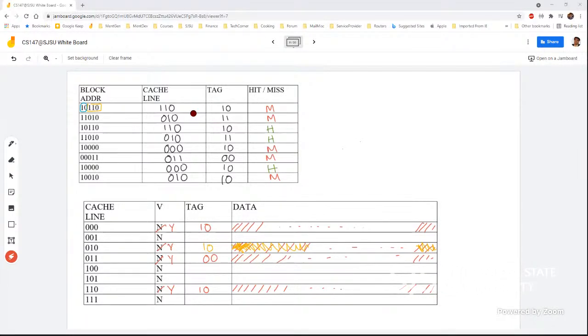One more observation to make here: what is the hit rate?